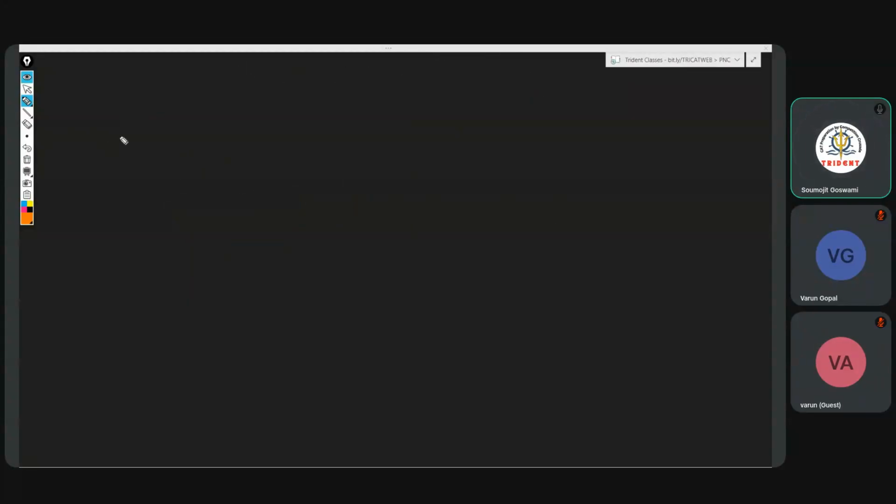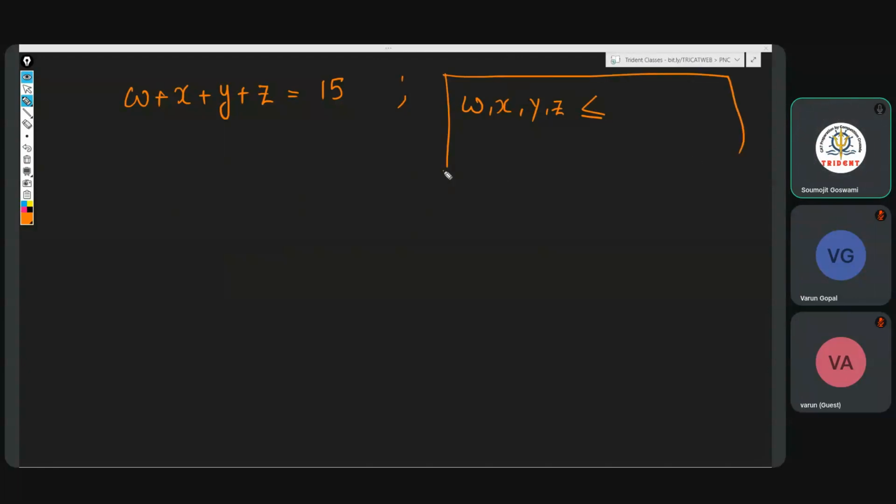So the question is, w plus x plus y plus z equals 15, and now the condition is w, x, y, and z have to be less than or equal to. Understand, this is an upper limit question.